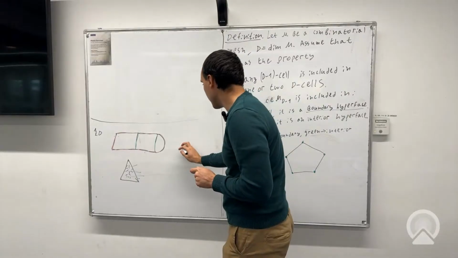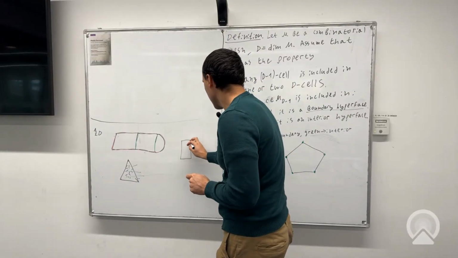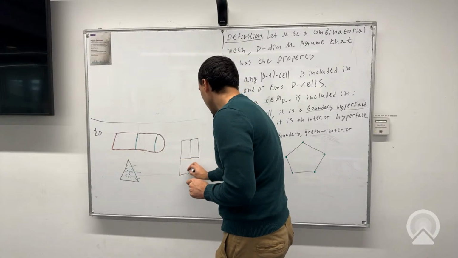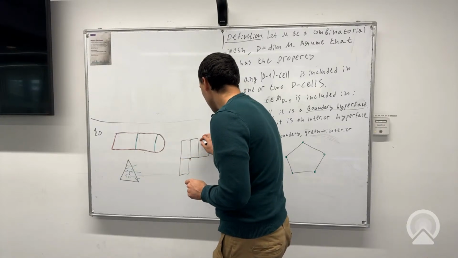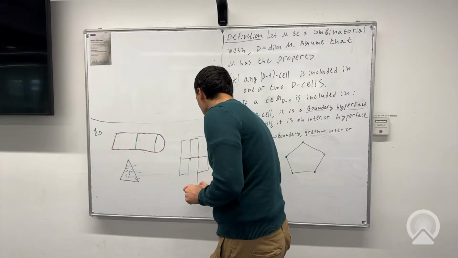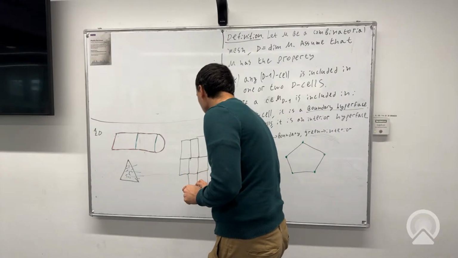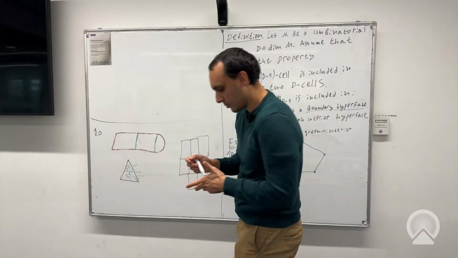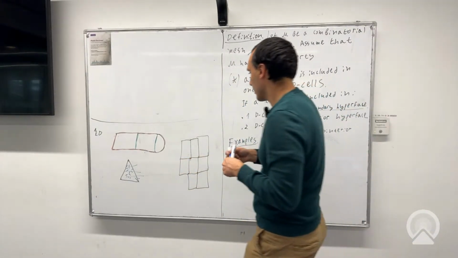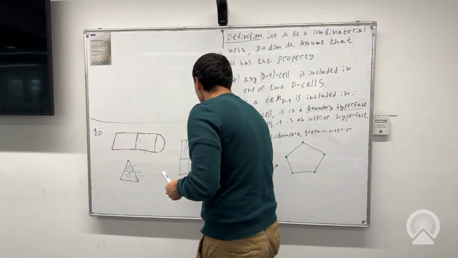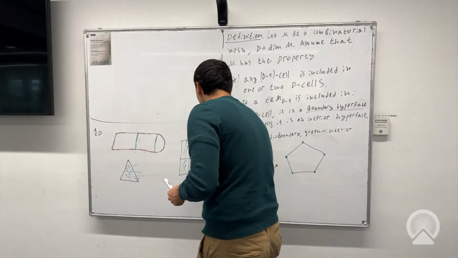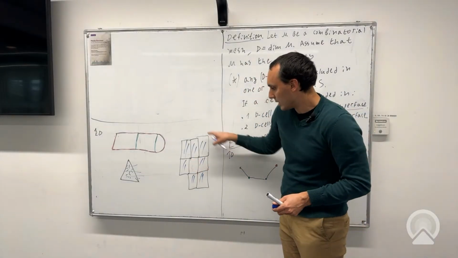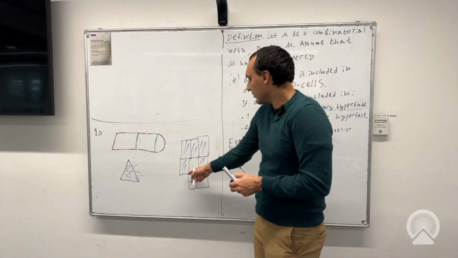There is one example here that I want to show. Maybe it can be made simple. I don't have this cell here, only the rest. So again, we have edges.